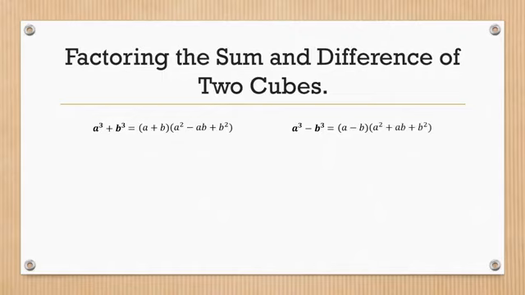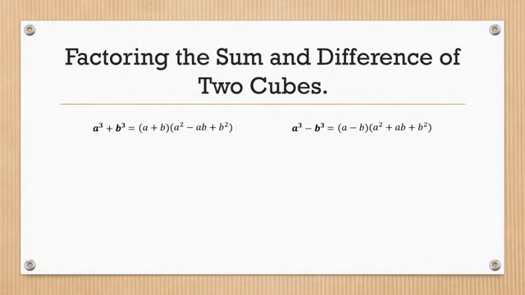Okay, if you look, a cubed plus b cubed is equal to, open parenthesis, a plus b, close, open, a squared minus ab plus b squared. Look at their difference, class. In the sum, pay attention to their signs. So meaning, you just have to memorize it.